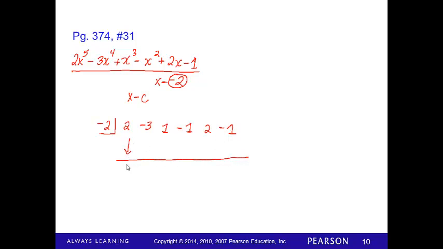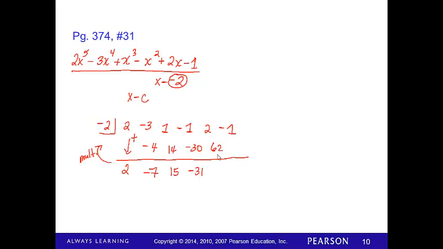Drop the first coefficient, which is a 2, and then we're going to multiply. So 2 times negative 2 is negative 4. And then you're going to add these. So you get negative 7. Then positive 14, and then 15. Negative 30. Negative 31.